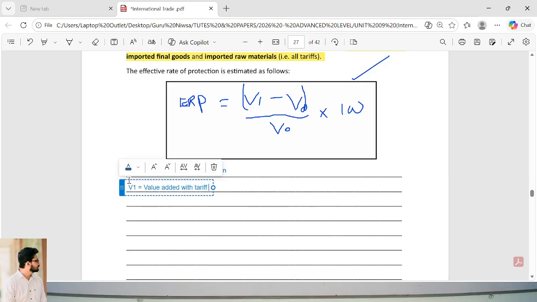Minus V naught, which means value added without tariff.